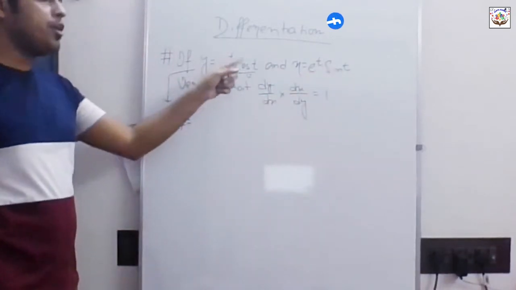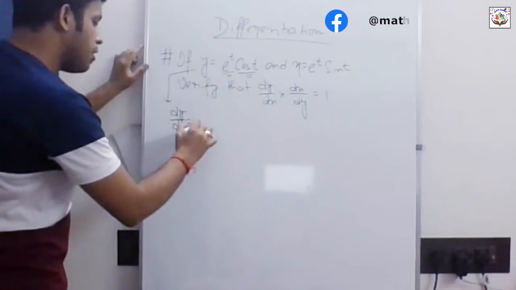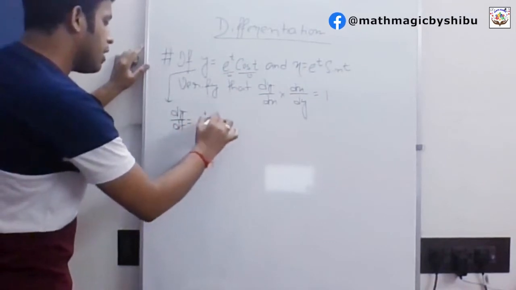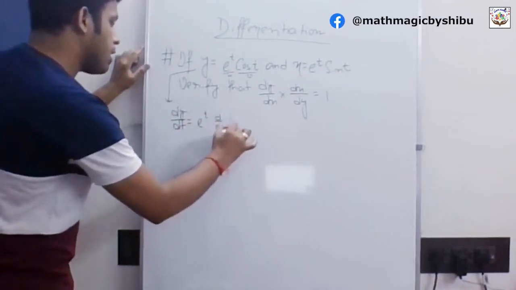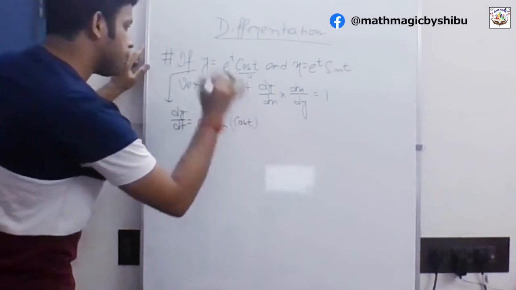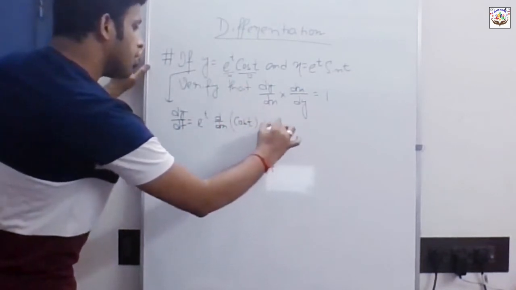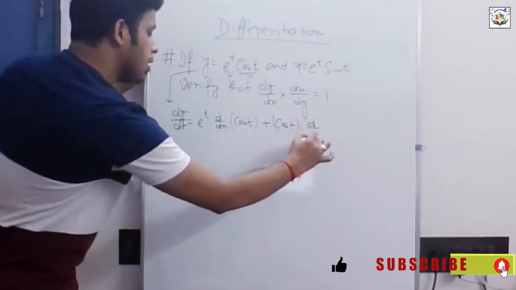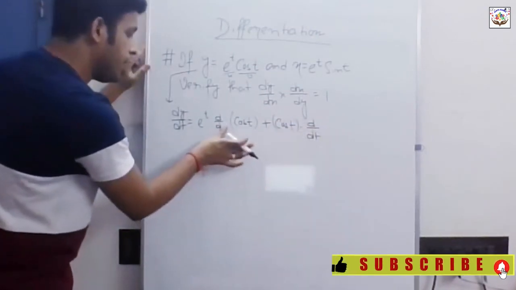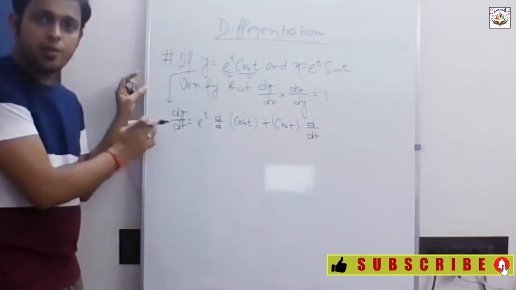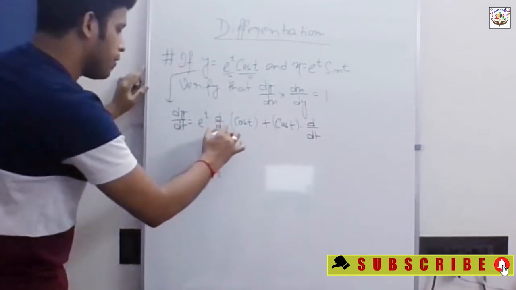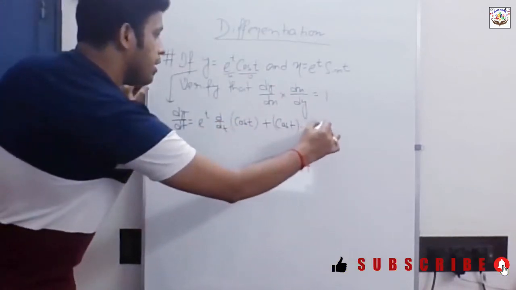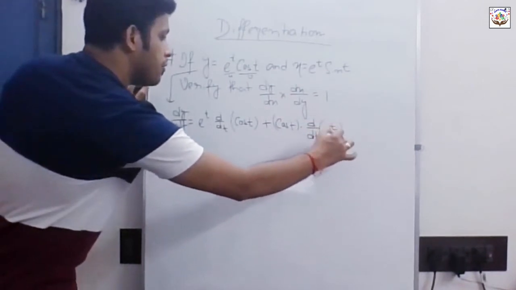So d/dx of u into v would be u constant, d/dx of cos t plus v constant. Sorry, this would be d/dt as we are differentiating with respect to t. Okay, so d/dt of e to the power t.